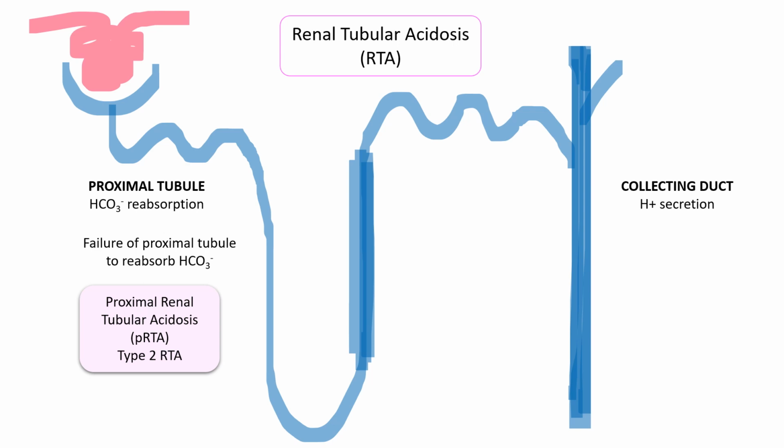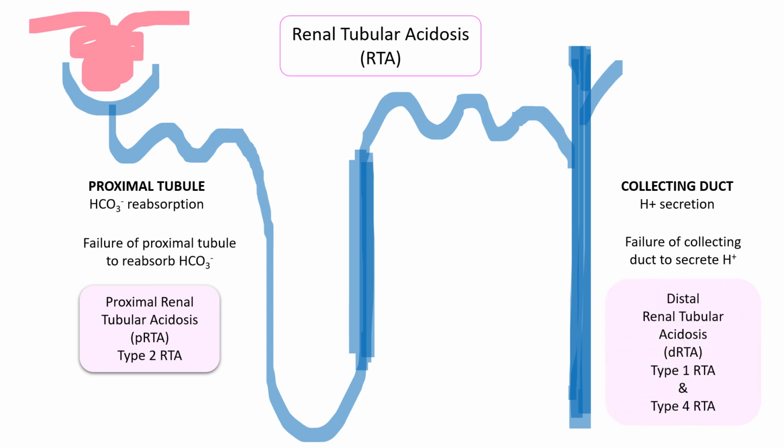When metabolic acidosis occurs because of collecting duct failure to secrete protons, we call it distal RTA. Depending on the underlying etiology, distal RTA may be categorized as type 1 or type 4 RTA. Conditions that give rise to a mixture of both proximal and distal RTA are referred to as type 3 RTA.